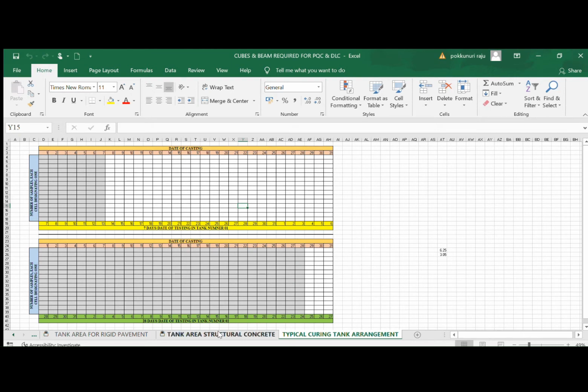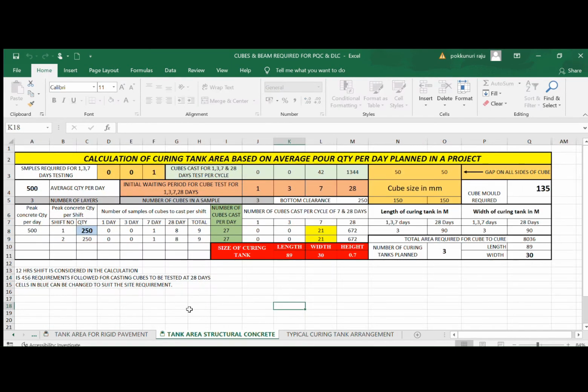When you see structural concrete, this is the calculation sheet dedicated to calculating the number of cubes required to test or to cast in a day, depending upon the quantity of concrete which is planned per day.